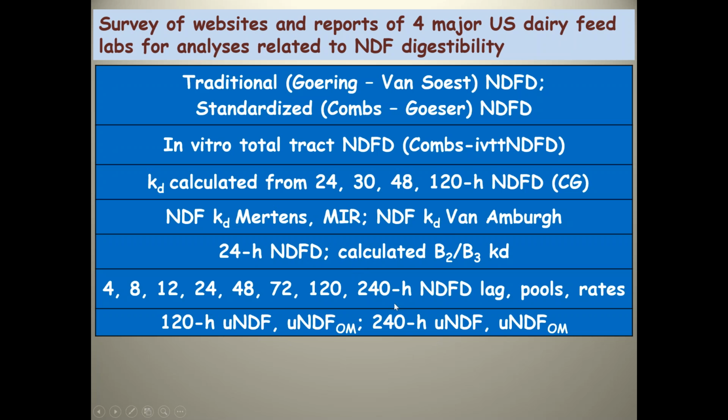And the one that's most related to lignification of the NDF is this 10-day digestion in rumen fluid. Could be in sacco in the bags, or most commonly in vitro, and it's become kind of an estimate of the indigestibility or undigestibility of that feedstuff in the cow or in rumen fluid.